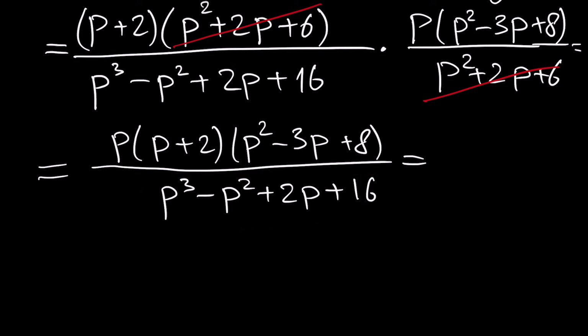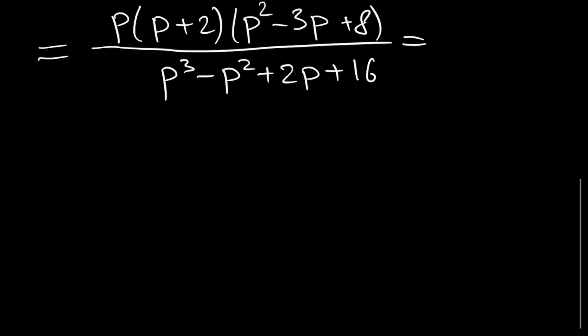And since our denominator is a polynomial of degree 3, it's likely that it can be divided by this polynomial and this polynomial, because a polynomial of degree 1 times a polynomial of degree 2 gives us a polynomial of degree 3. And it's very likely that multiplication of these two polynomials will be this polynomial.